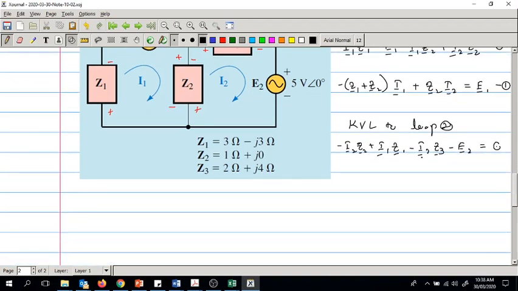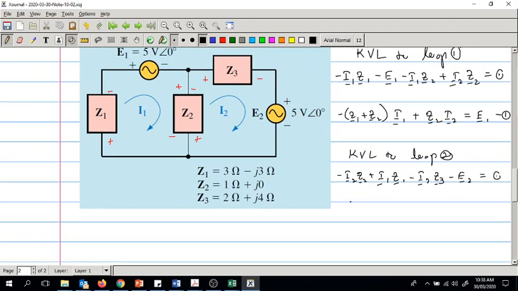So from this you get, E2 can go to the other side.